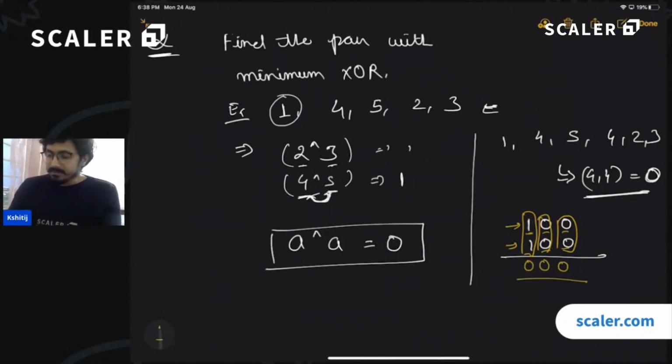Okay, now just use this thing, and can you say, by just looking at this, that if the numbers are numerically closer to each other, then the chances of having a lesser XOR will be maximized. The closer the numbers, the lesser would be their XOR.